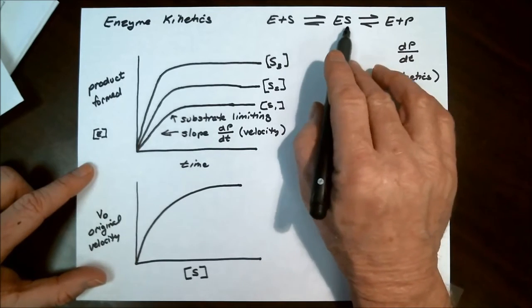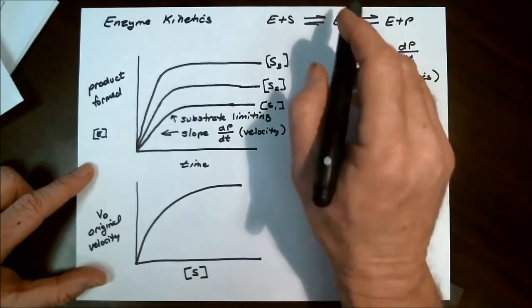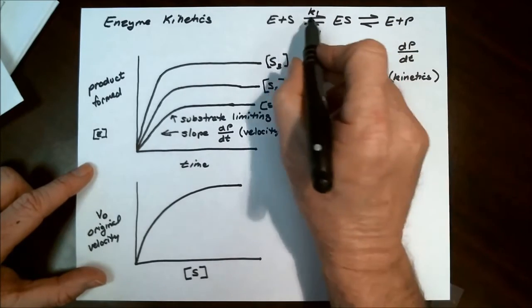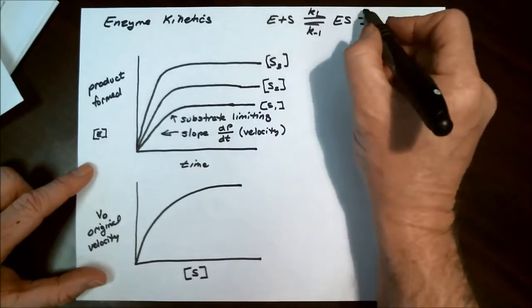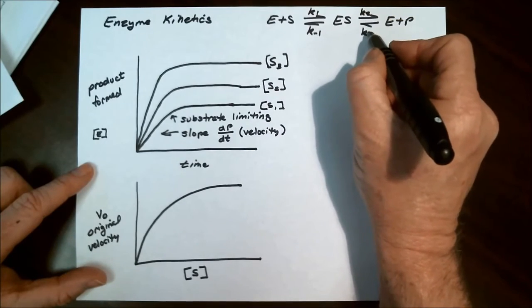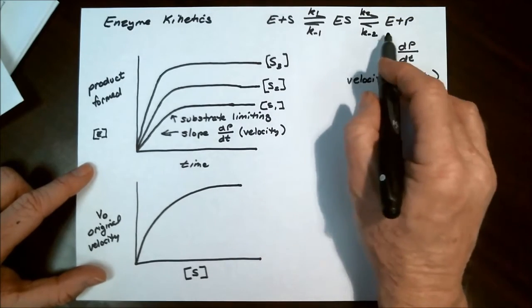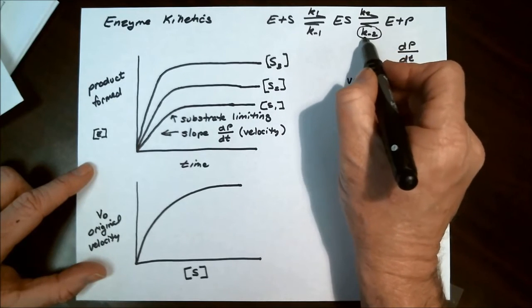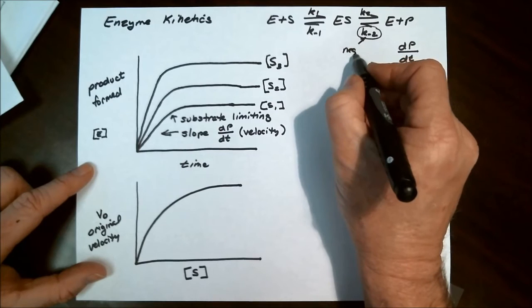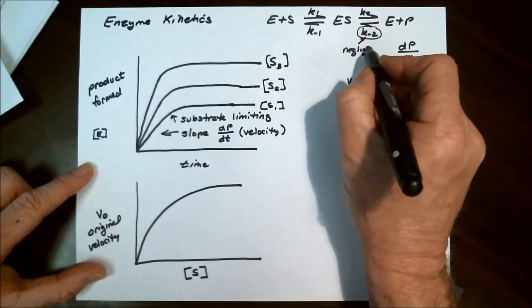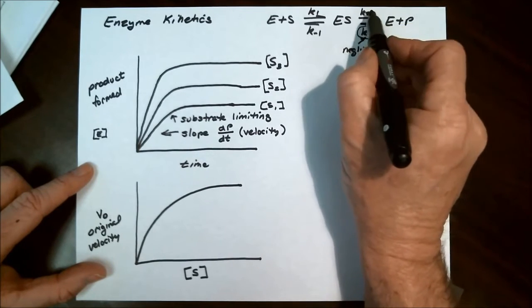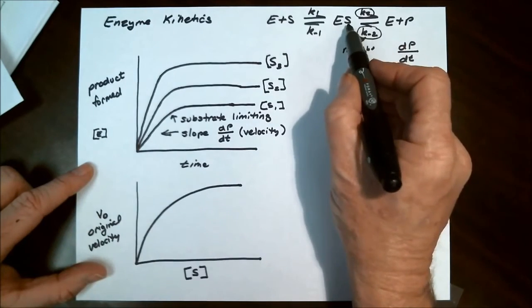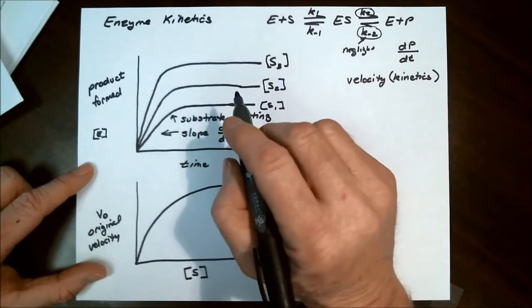Now if we go back up to our expression here, if we calculate the reaction rates, K1, K minus 1 in the reverse direction, K2 and K minus 2 for product formation, we will see that this is essentially negligible. This will be the rate limiting step because conversion of substrate to product takes the longest time.